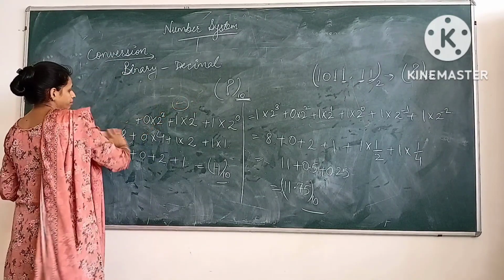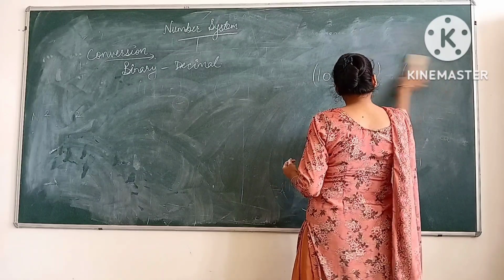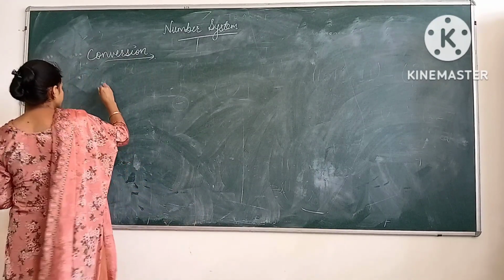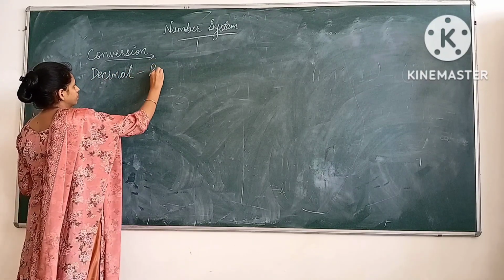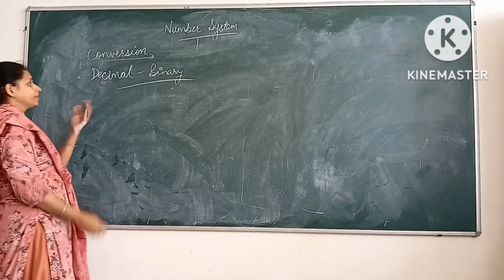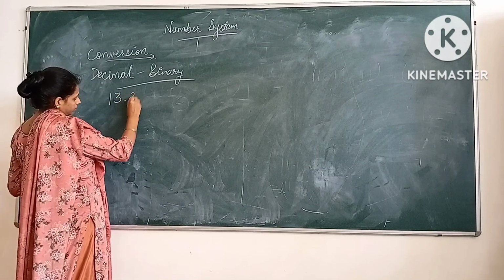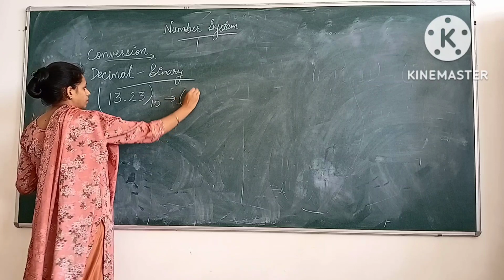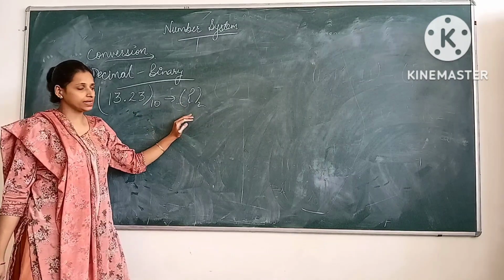Now decimal to binary. This is a decimal, which means its base is 10, and we have to convert it into binary, so its base is 2.